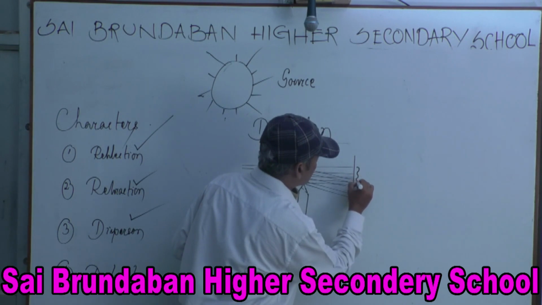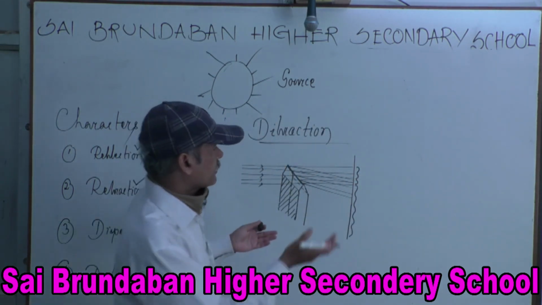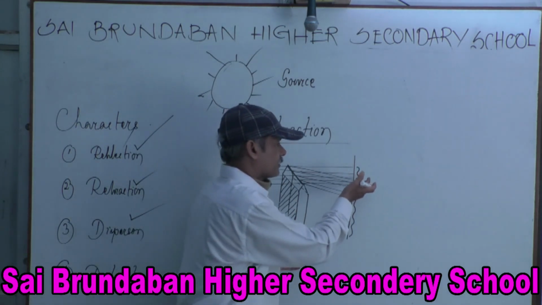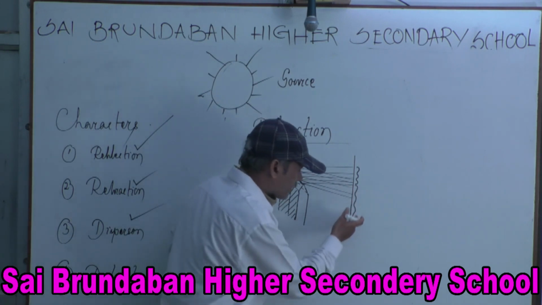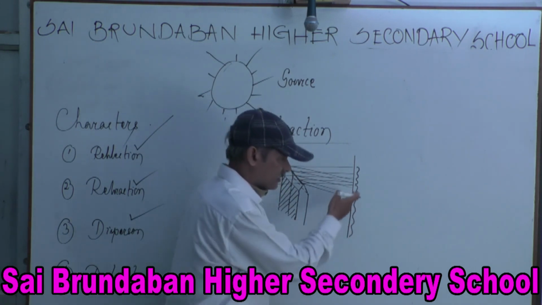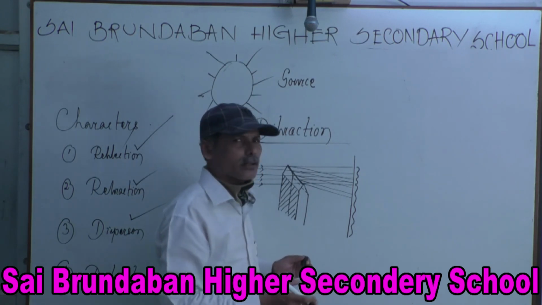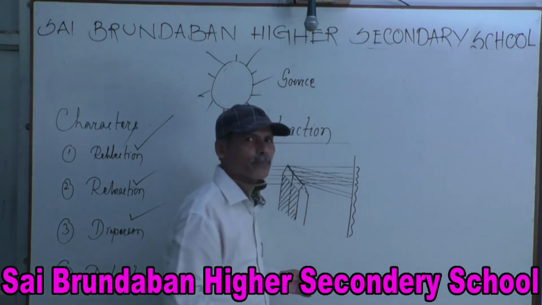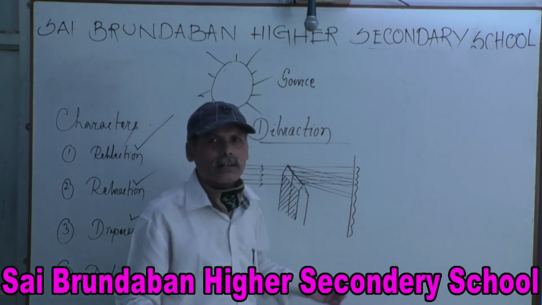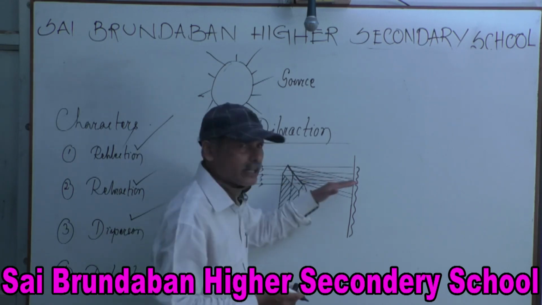This person is a lighted person, and this part is the shadow part, and this part is a lighted part, because light travels in a straight line.